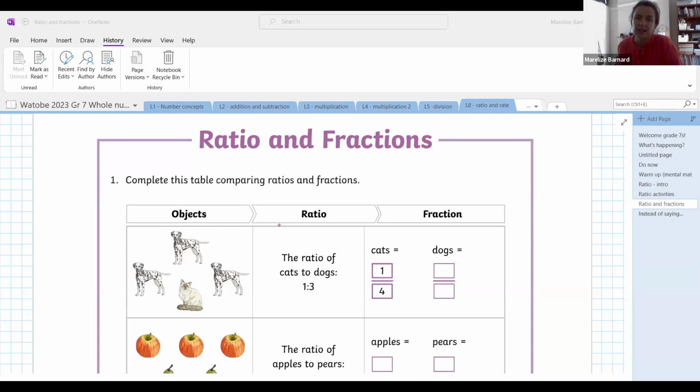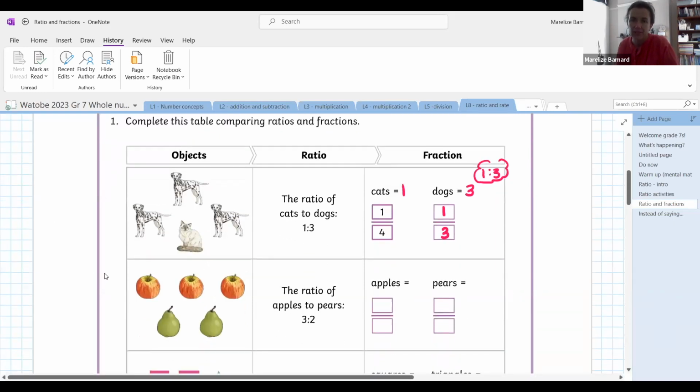So to put that as a fraction, there's 1 cat and there's 3 dogs. We can write it here in our thinking bubble, and that is the same as saying 1 over 3. 1 over 3 is the same as 1 to 3.